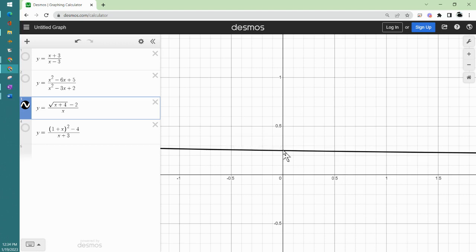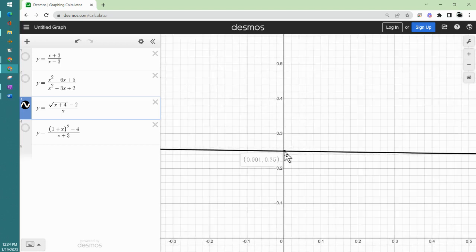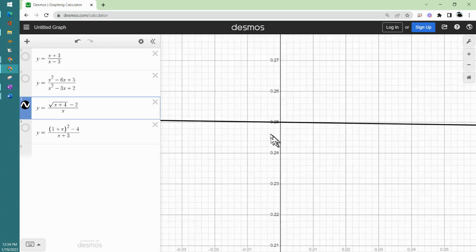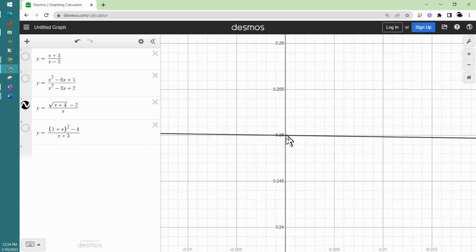Which makes sense. Can I actually get 0 here? There it is. I got 0. It was tough to get. And notice, again, this is undefined, like in the previous example, right? So right at 0, it's undefined. But just to the left and just to the right of 0, it is defined, and it's 1/4. So if I zoom in crazy big, I can see that my limit approaches 1/4.